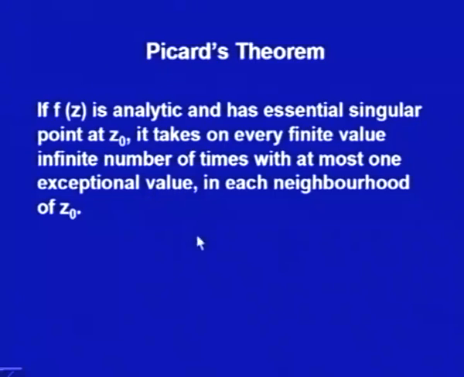What it is saying is that if I take any neighborhood of z naught, every finite value that the function can take is taken an infinite number of times.